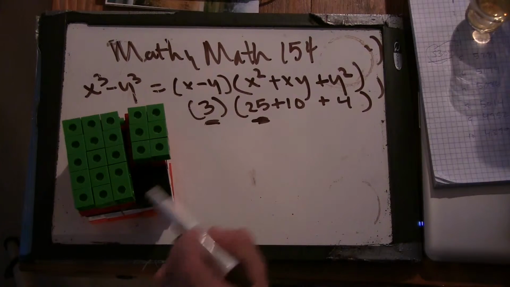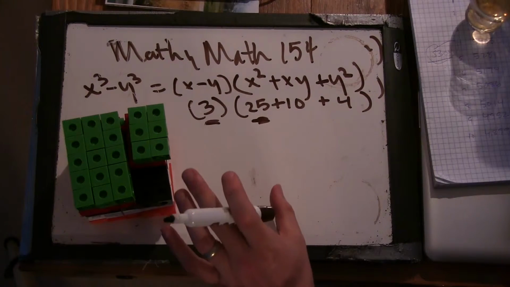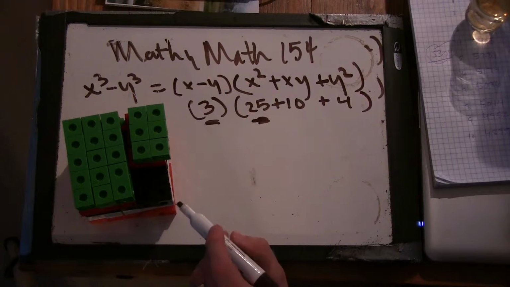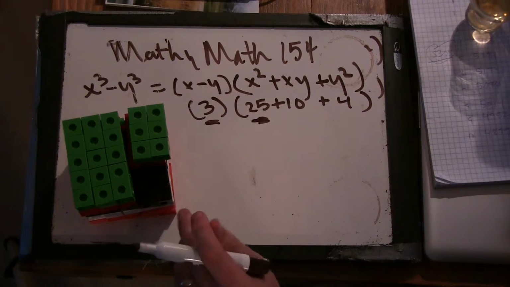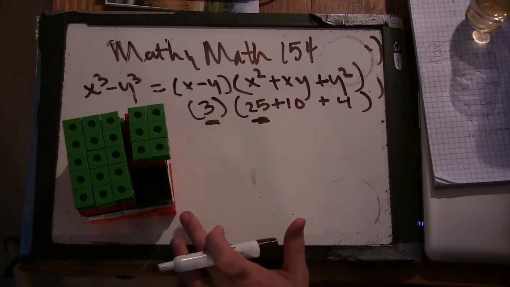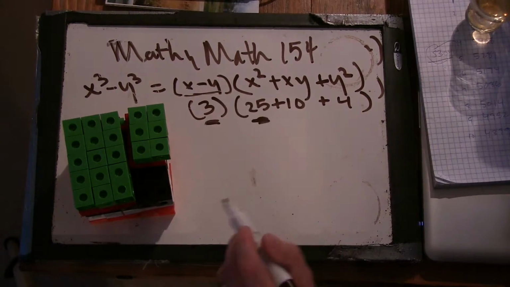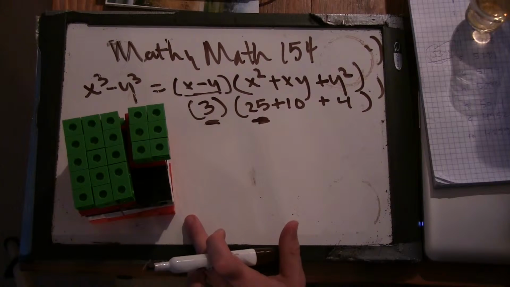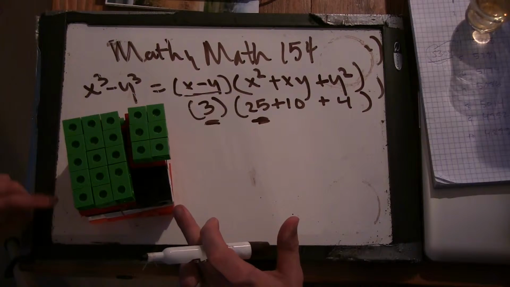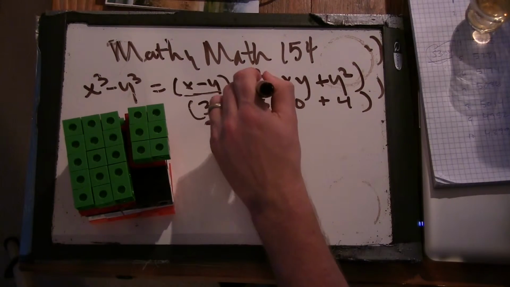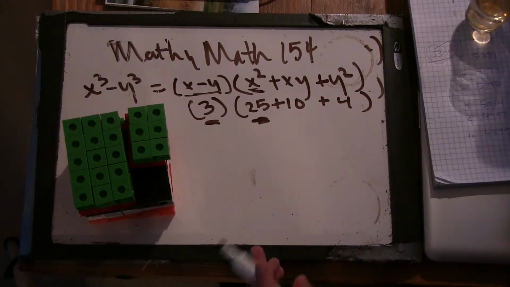If we start with an x by x cube, and we assume x is bigger than y, and we cut out a y by y cube, how tall is this? It's x minus y. And how big is each of these layers? They're x by x, so they're x squared.